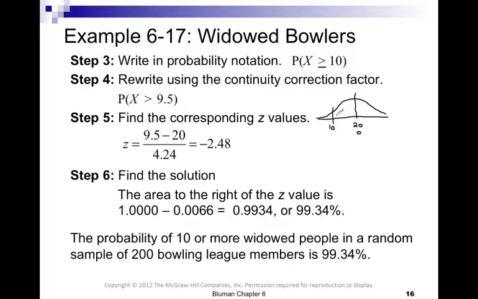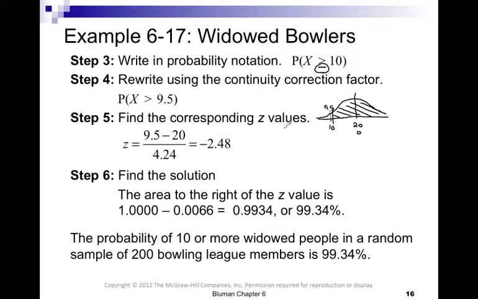And we want greater than or equal to. So we want all of this. Because of this line under here, we need to include the 10. So we're going to go 1/2 below it right here when we do our correction factor, which puts us at 9.5 because we want to include the 10. So X is greater than 9.5.